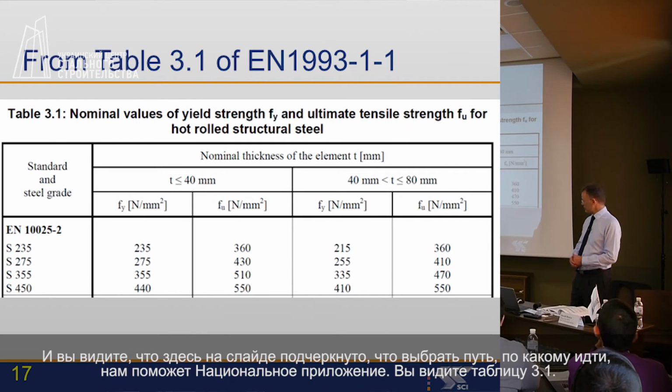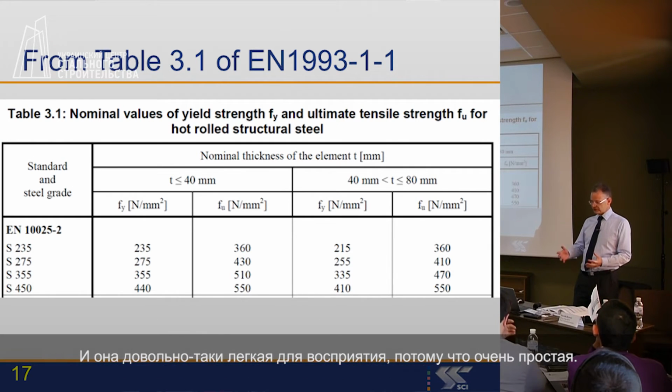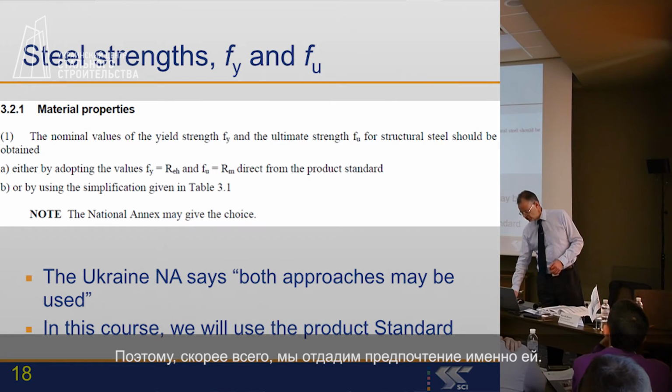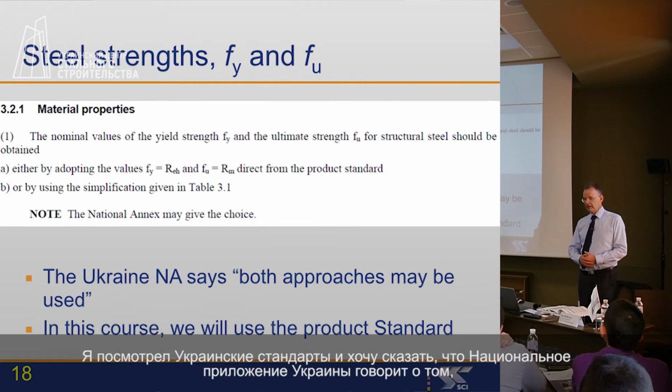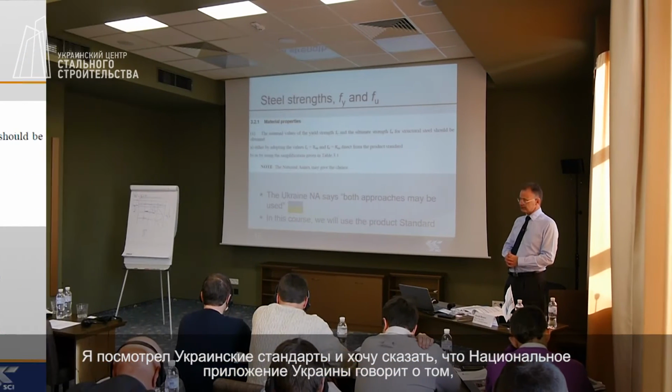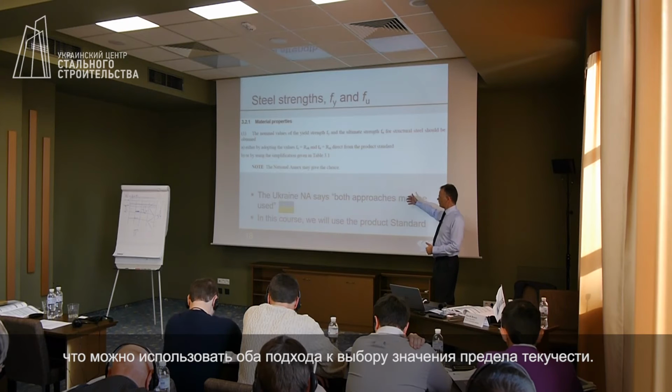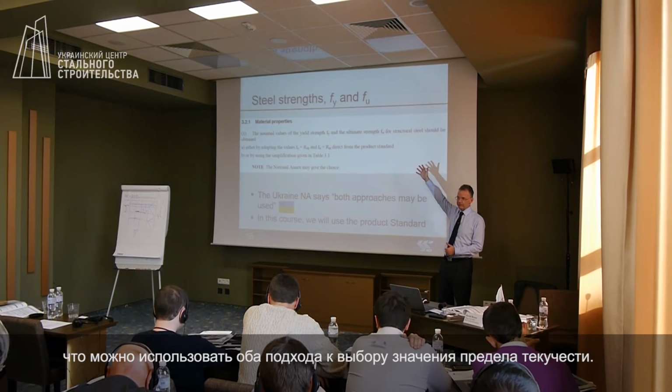There is table 3.1, and it's relatively attractive because it's simple. So table 3.1, perhaps that would be our choice. I looked in the Ukraine standard, and the Ukraine national annex says that both approaches may be used.